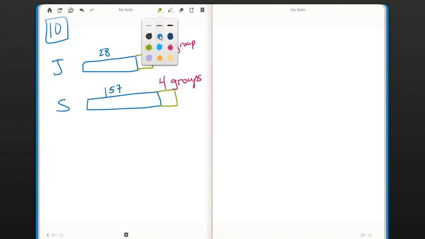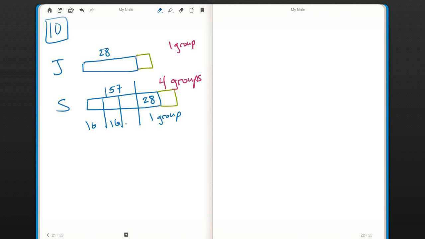I'm just going to draw a line here and say that this is 28 and a green box. So this is 1 group. Now that means that if I have 4 groups, I must have 3 groups left over here. This is 1 group, this is 1 group, and this is 1 group.